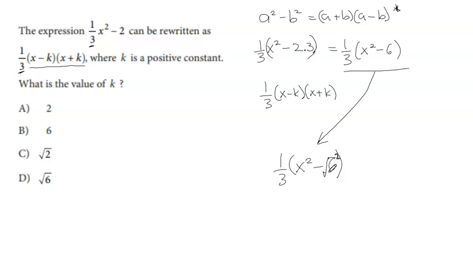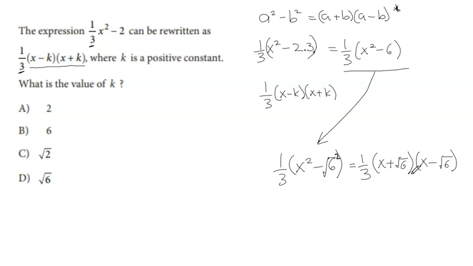And I did this just to be able to introduce the square so that I'll end up with 1/3. Now, according to the formula here, it's going to be x plus square root of 6, and then x minus square root of 6.